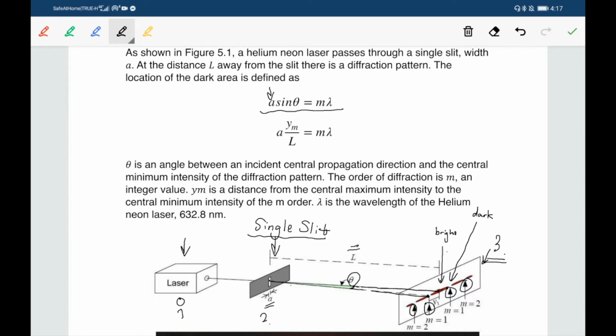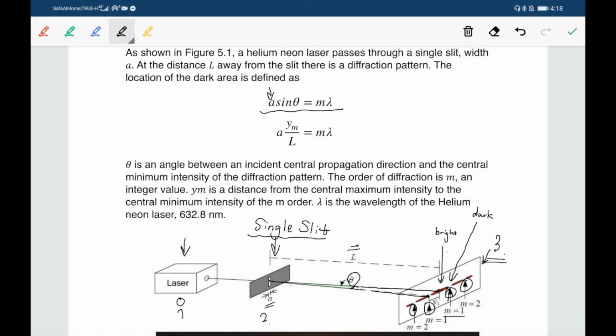For all of the dark fringes, we give them an order. The first dark fringe is m equals 1.